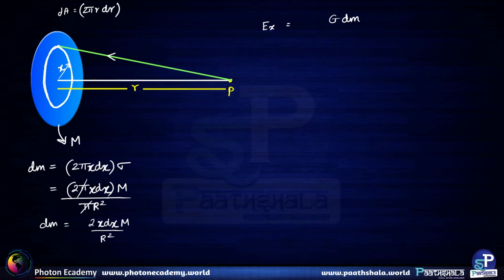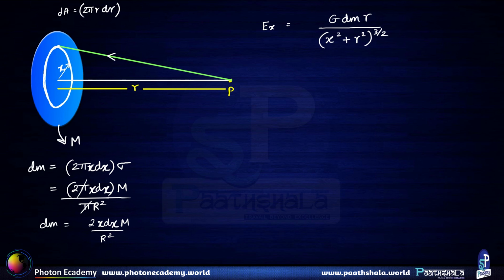We can write this as g dm into r upon x square plus r square raised to 3 by 2.